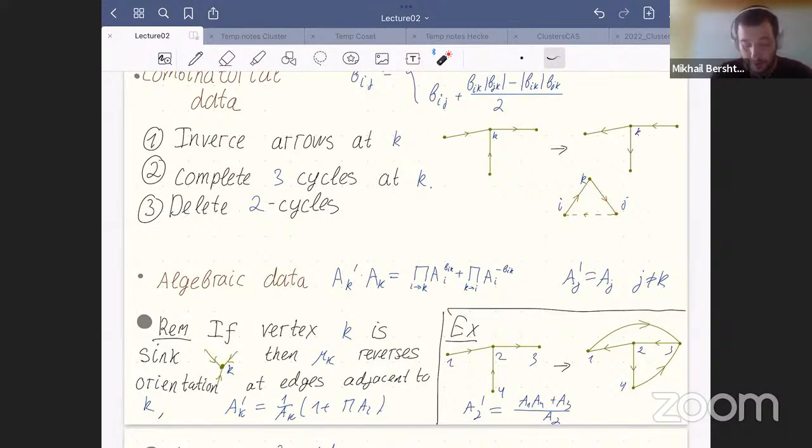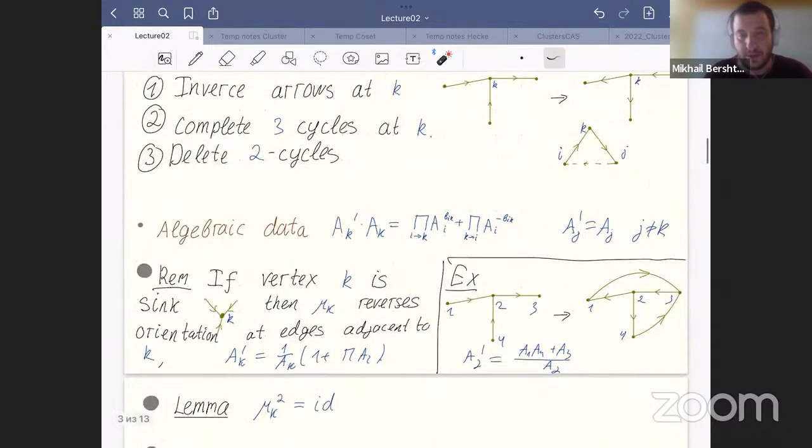And for the variables, you see that the set of vertices which are adjacent to k remains the same. Their roles are interchanged: the vertices from which edges go to k now have the opposite direction and vice versa, but it doesn't matter. Again, we have the sum of the same two terms. So each mutation squares to the identity.